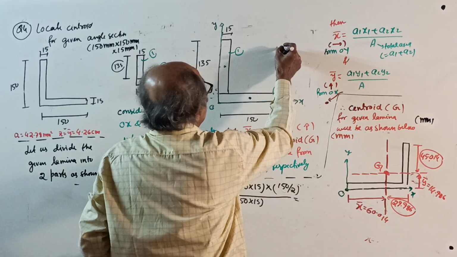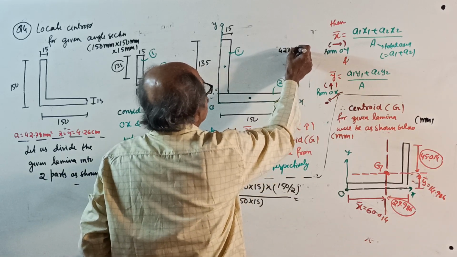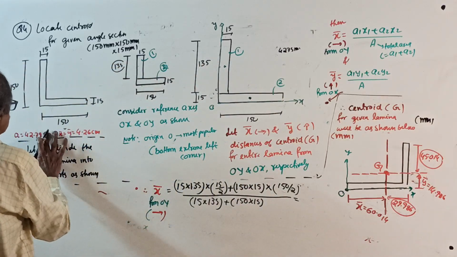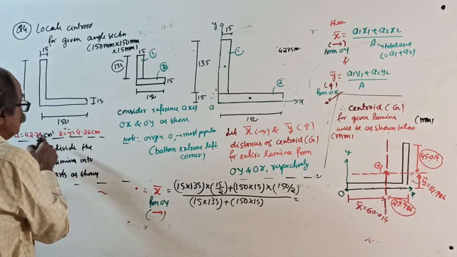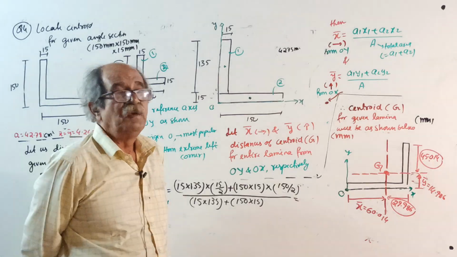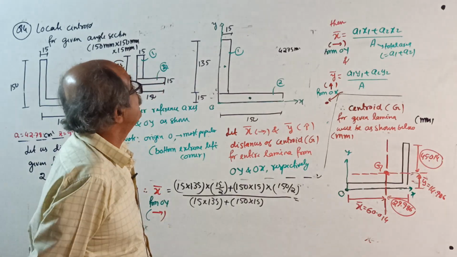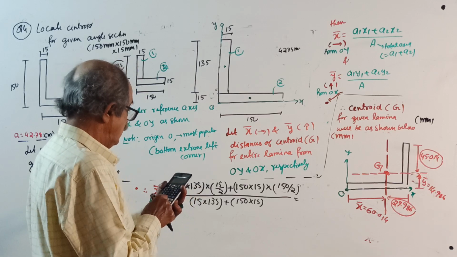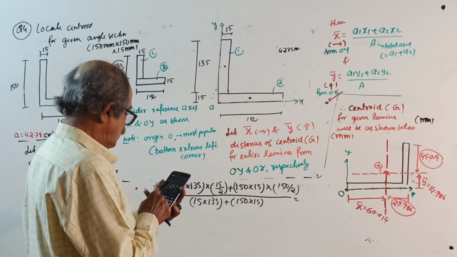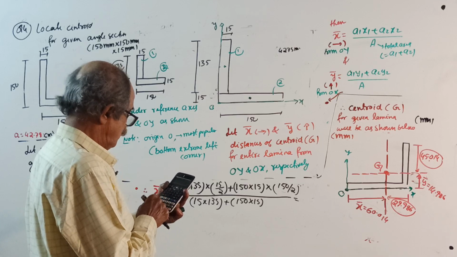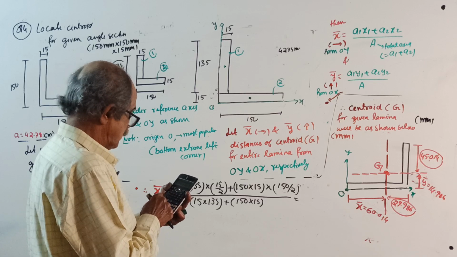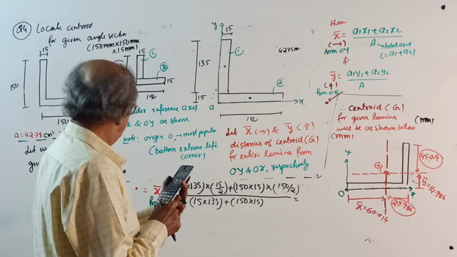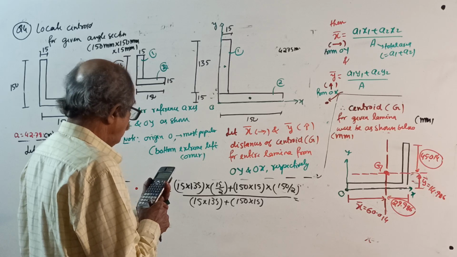In the steel table it is 4278 because of the curvature effect, but the plain answer is 4275. Now x bar is 15 into 135 into 7.5 plus 150 into 15 into 75, divided by 4275, which is 43.43.